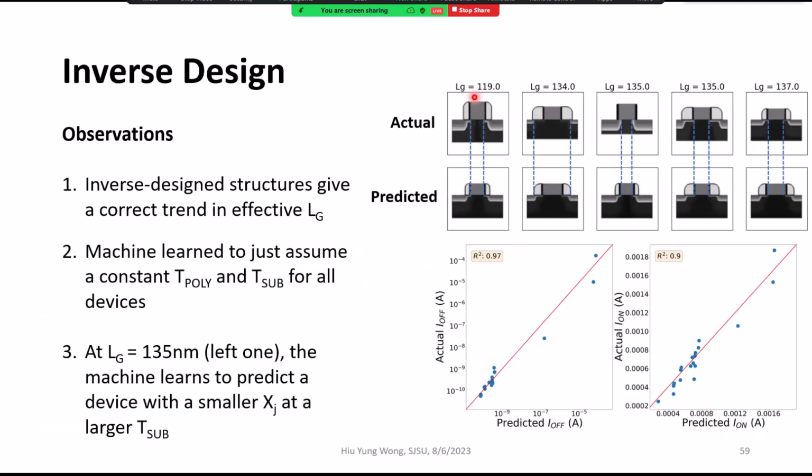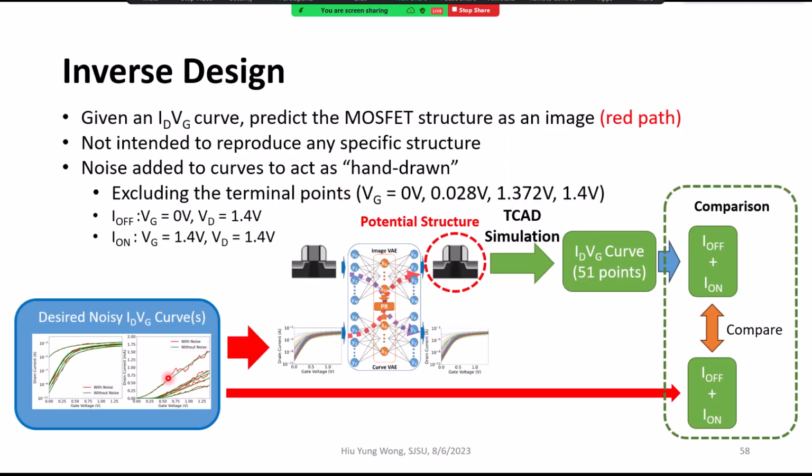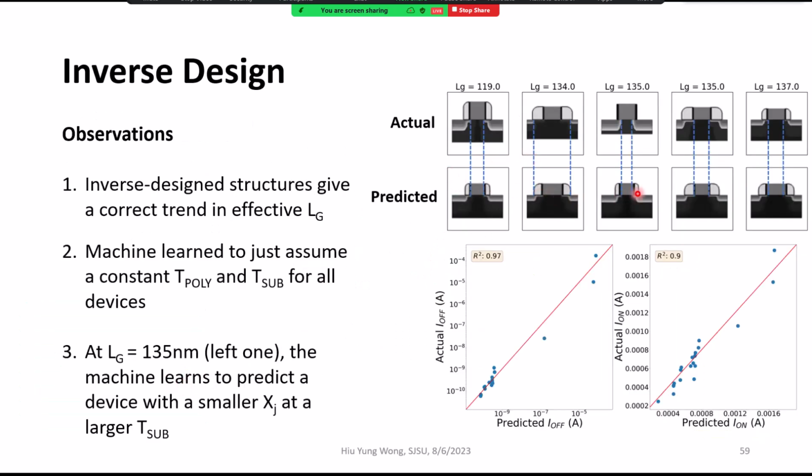First of all, if you look at the actual structure we used to produce the original IDVG curve, the predicted structure does follow the trend pretty well. We know that the leakage current and on current really depend on the distance between the junctions.